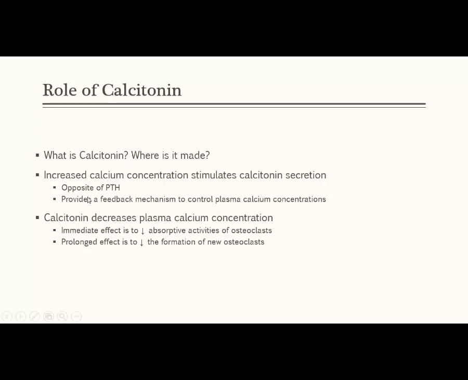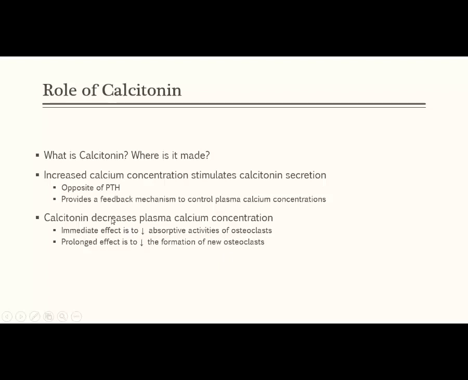So the combination of calcitonin and PTH provides this feedback mechanism that controls plasma calcium concentrations within the necessary tight range to maintain normal functioning, not just in the skeletal system, but in all of the systems in which calcium is important, particularly neural and neuromuscular.